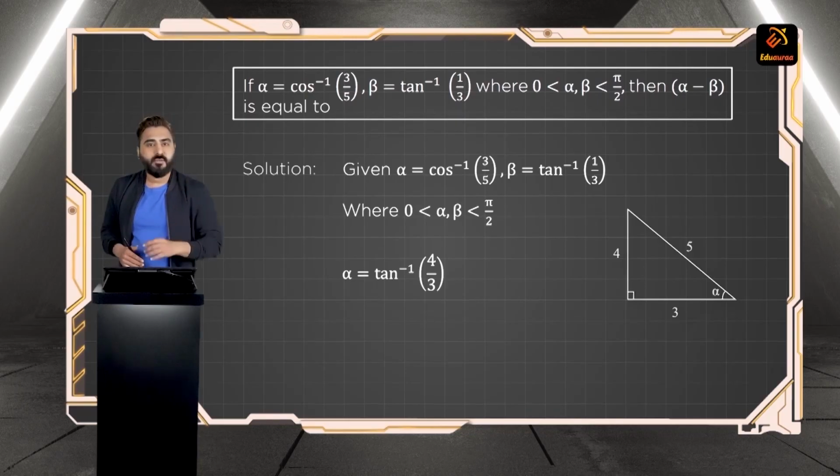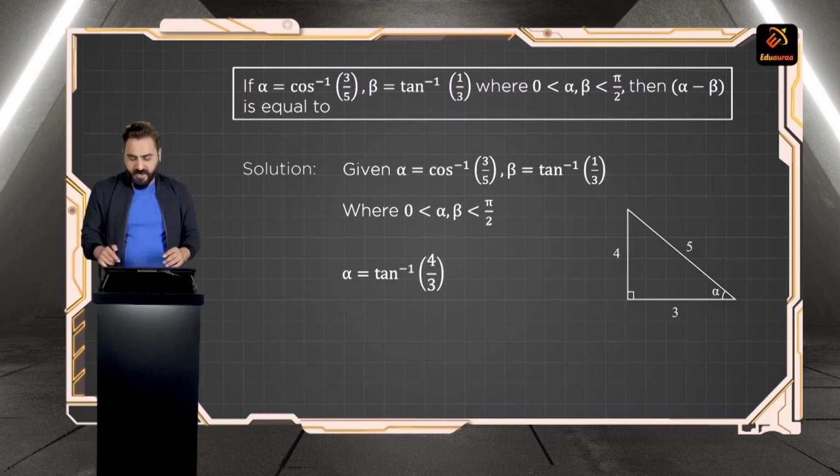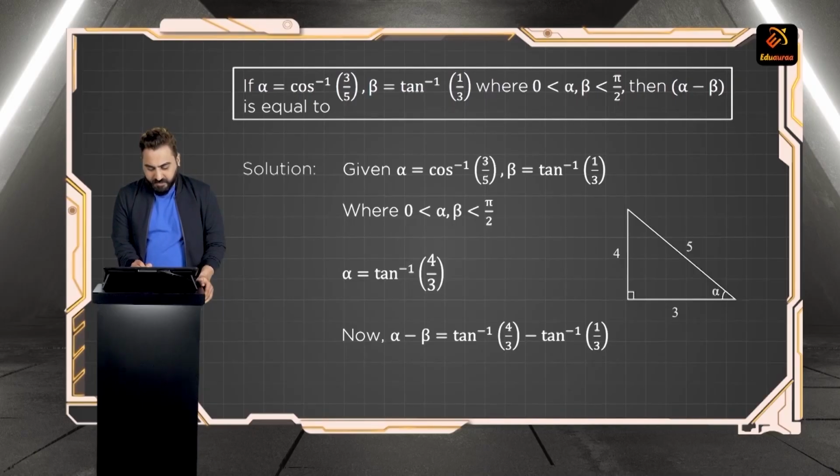Now we need to find something else. So how do we find? We are supposed to find alpha minus beta. Now students, if alpha is tan inverse 4/3, I hope you understood how. If beta is given to us as tan inverse 1/3, so alpha minus beta will be tan inverse 4/3 minus tan inverse 1/3.